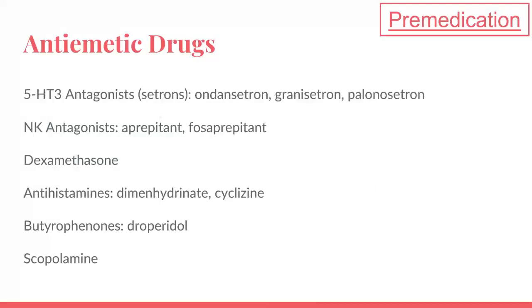Antiemetic drugs are used in premedication, primarily for prophylaxis of postoperative nausea and vomiting. The serotonin antagonists, also known as setrons, play a special role here. These include ondansetron, granisetron, and palonosetron.